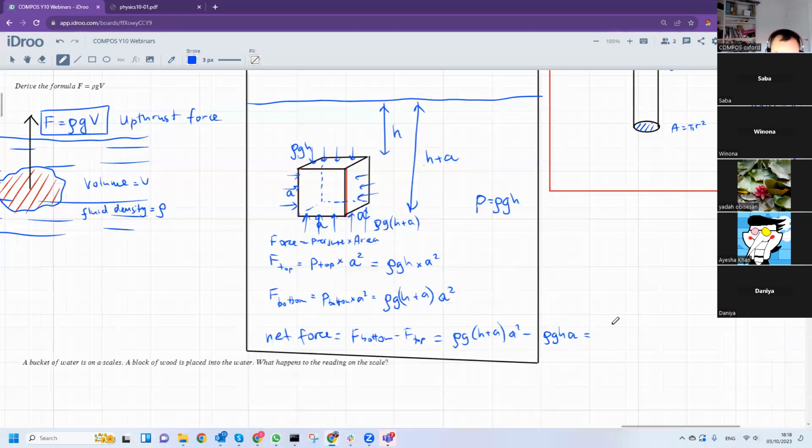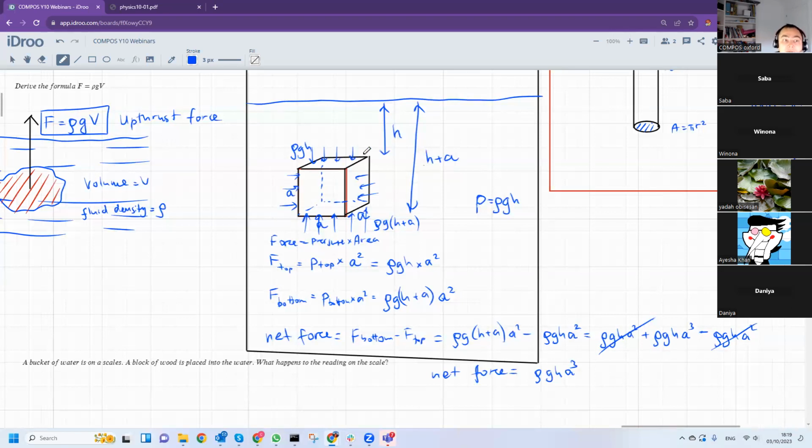Now we open the brackets: rho g h A squared plus rho g A cubed minus rho g h A squared. The rho g h A squared terms cancel, and we're left with the net force.